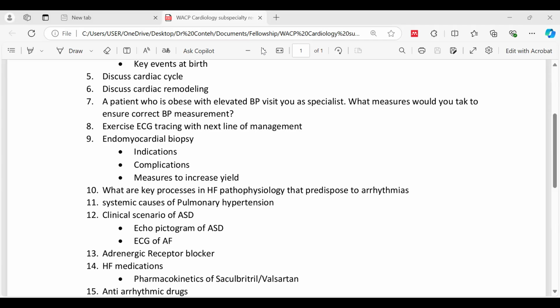Please, I want to encourage us to look at the ECG tracing, that is stress ECG. Let's try and remember the indications.